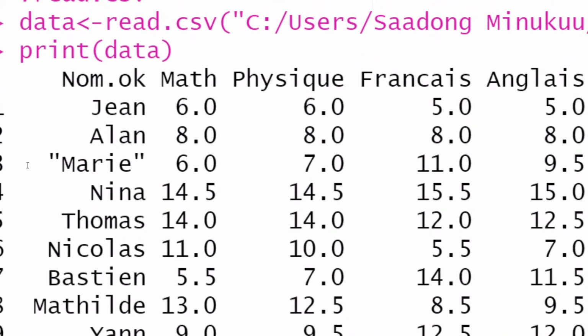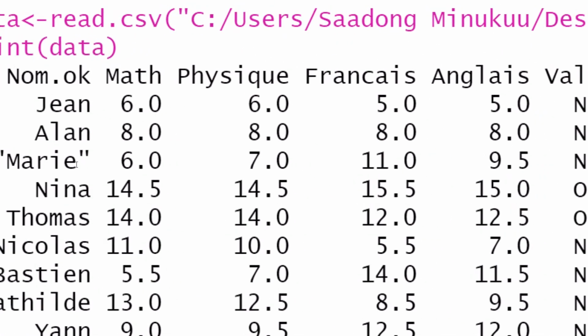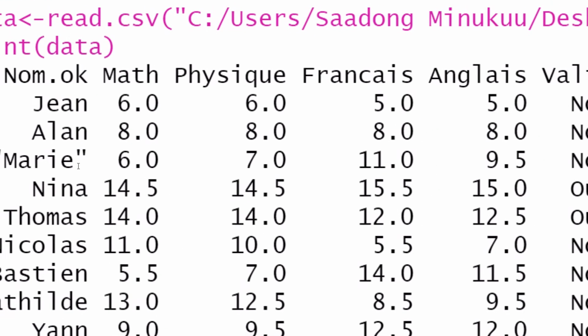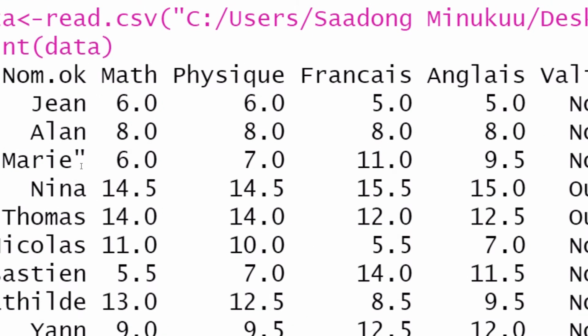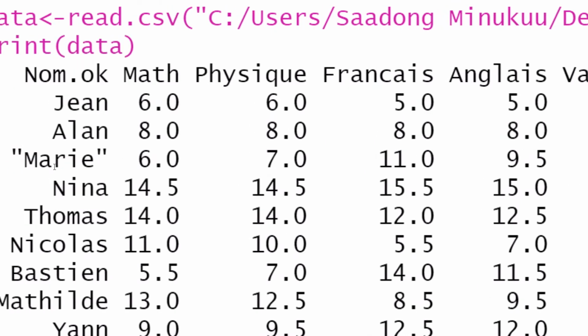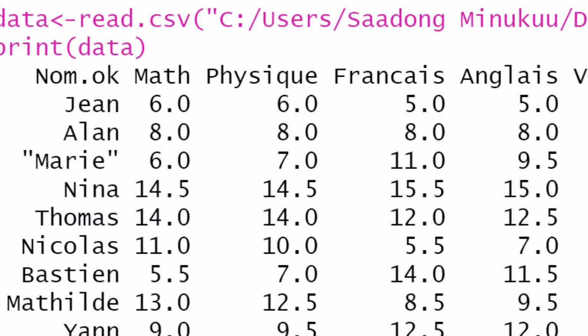We read the data using Marie, and Marie was in quotations. It could be something that has an apostrophe, for instance, Marie's book, if that was the name of this particular response here. The apostrophe is a single quotation, and it can also give us problems. But when you are using read.csv, it doesn't really care about some of these things.